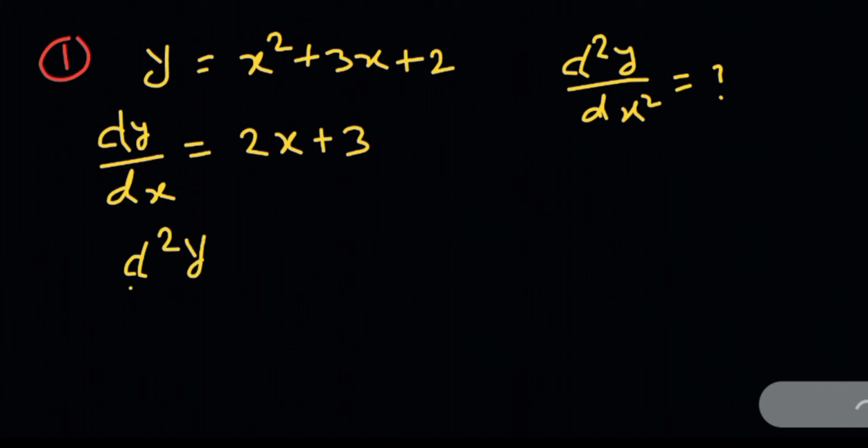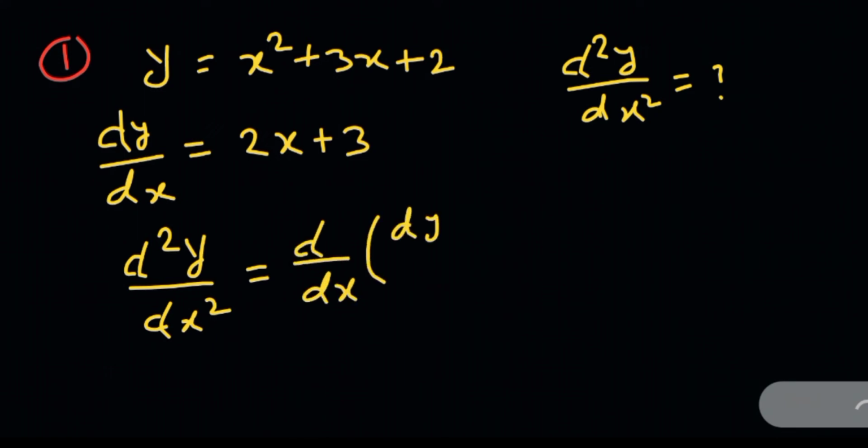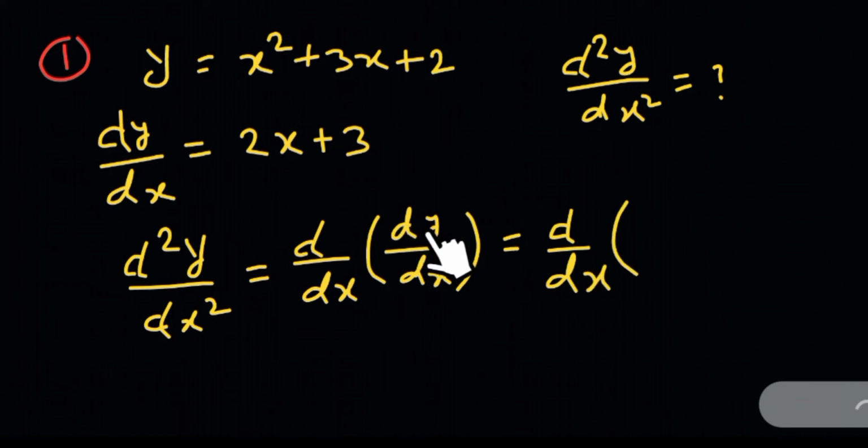The double derivative symbol is d2y upon dx square, and the meaning of this is the derivative with respect to x of dy upon dx. So I will write d upon dx, and in place of dy upon dx I will replace 2x plus 3.